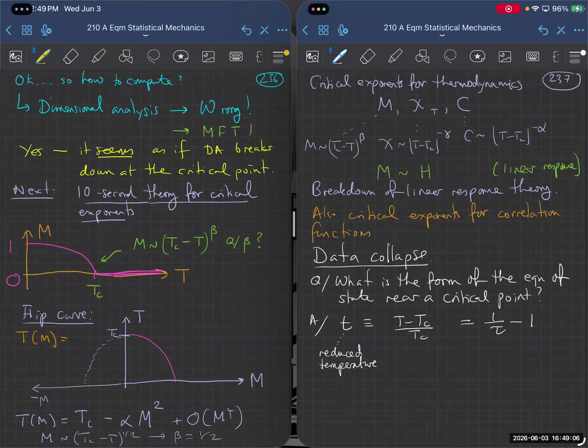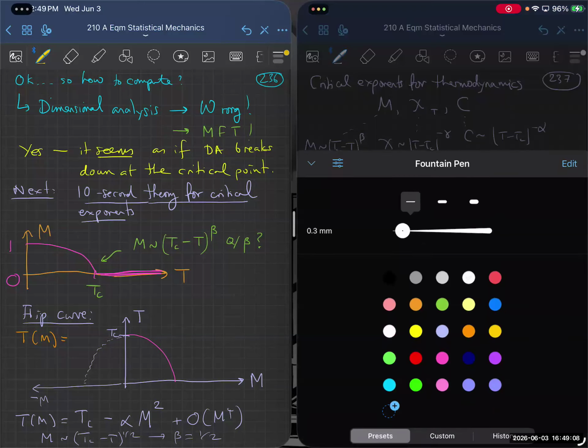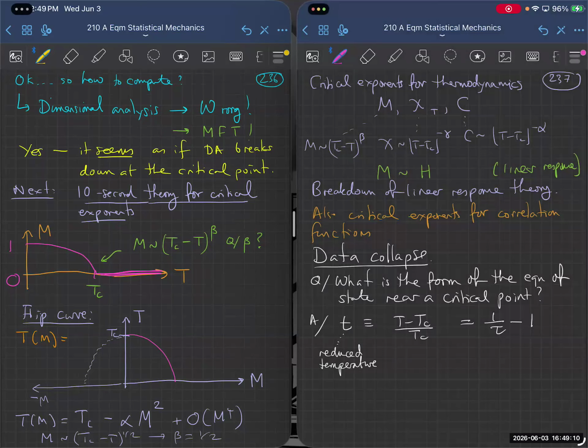Okay, so why do we like this parameter? You would say this is a good parameter. This should be useful because it is small in the critical region. And what do I mean by the critical region?